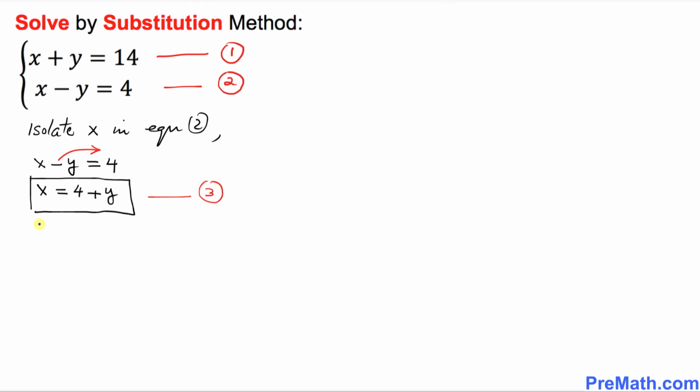Now in the next step, we are going to plug this x value into equation number 1. So I'm going to say simply plug this x value, whatever we got, into equation number 1. Let's get started then.